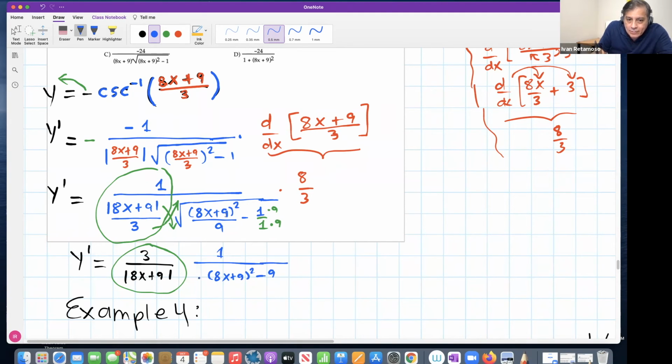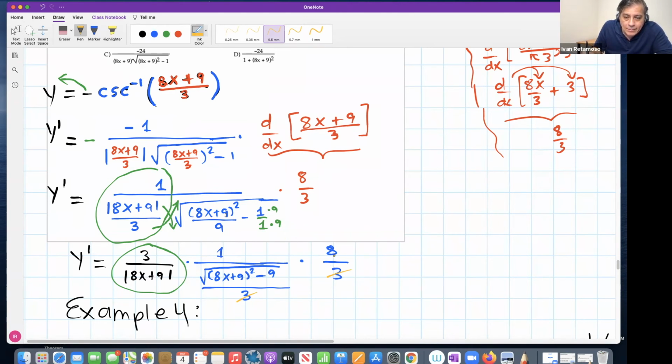But when you take the square roots, this is going to be the square root of this piece over the square root of 9. But the square root of 9 is just 3. This must be multiplied by 8 over 3. Notice, guys, that this number 3 on the bottom cancels with this number 3 on the top. It's just a property of the derivative of this form. These two guys, they cancel.